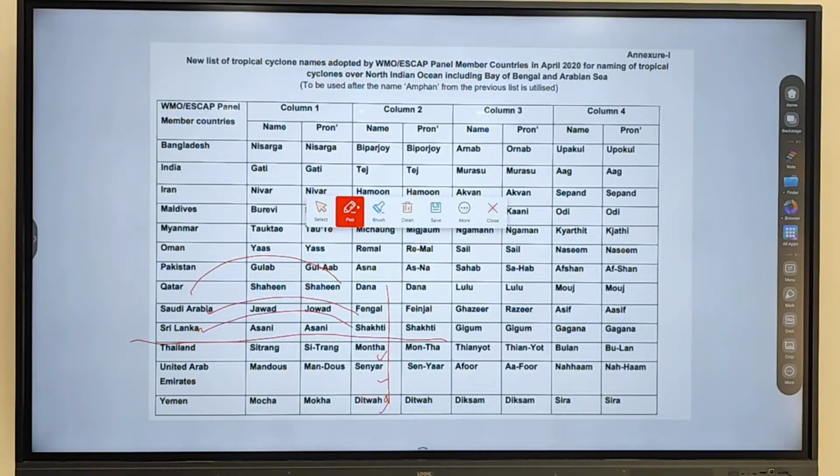That is where the tropical cyclone will originate. What is it going to cause? It is going to cause violent wind, squall, storm surge, and torrential rainfall. So it is going to cause destruction because of these events.